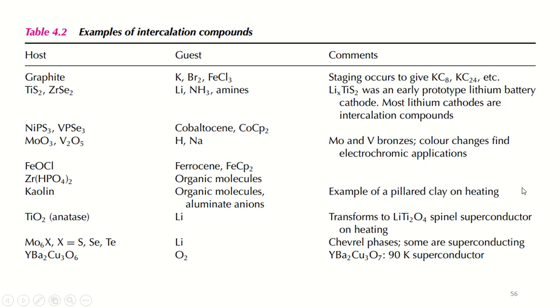Examples of a pillared clay on heating. While for anatase TiO2, the guest is lithium. The comment on this host and guest is that it transforms to LiTi2O4 spinel superconductor on heating.